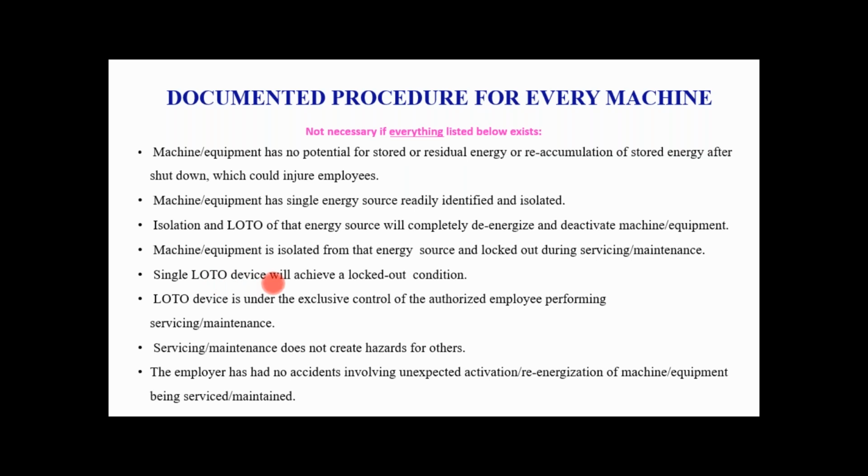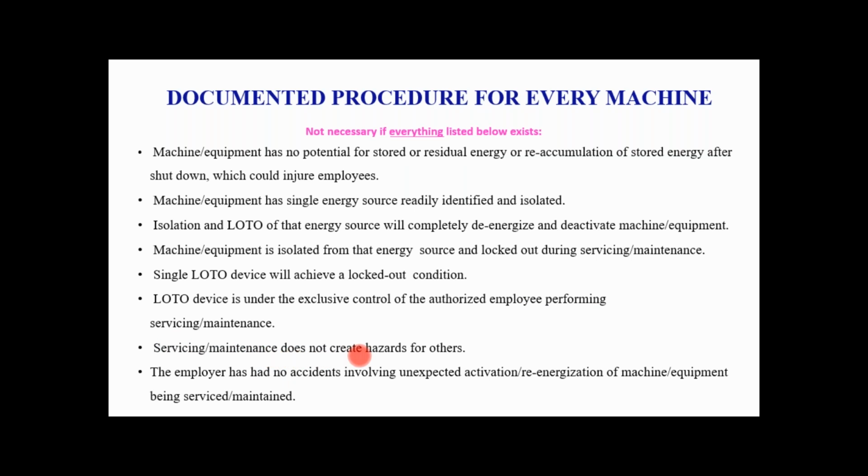Then a single LOTO device will achieve lockout conditions. The LOTO device is under the exclusive control of the authorized employee performing servicing or maintenance. So these authorized employees are also one of the important aspects in these LOTO systems. Authorized employees and affected employees are the terminologies which are related to the LOTO systems. We will discuss them in the next slides.